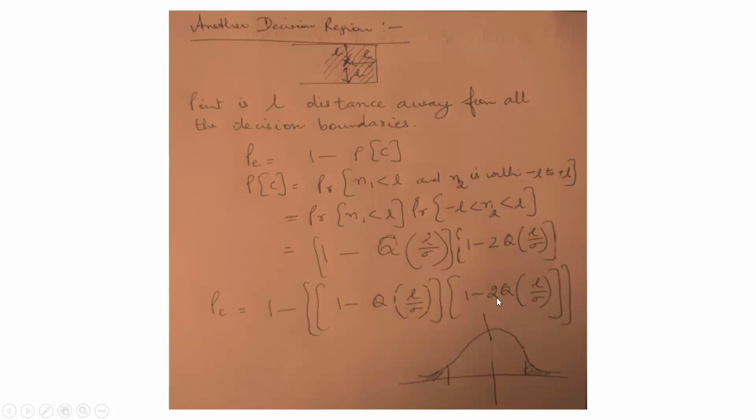And what is the probability of making a correct decision? It will be 1 minus 2Q of L by sigma. And this probability of making a correct decision, when subtracted from 1, will give me the probability of error.